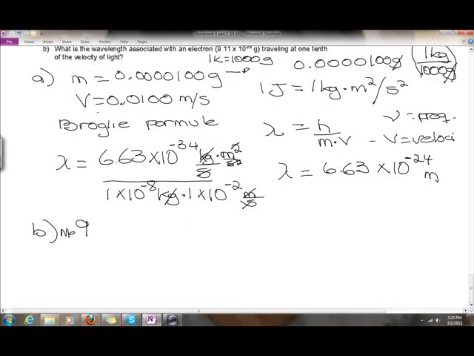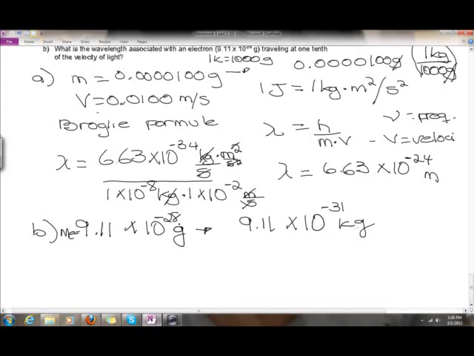To take it to kilograms, again, we divide by 1,000, and it's going to be 9.11 by 10 to the minus 31 kilograms.